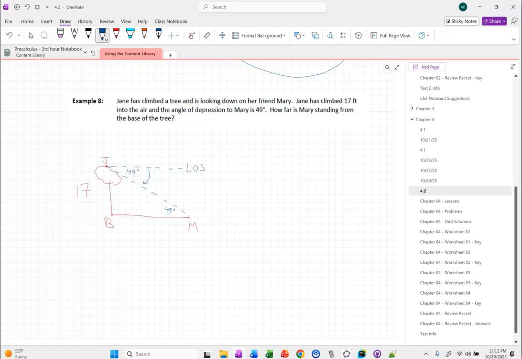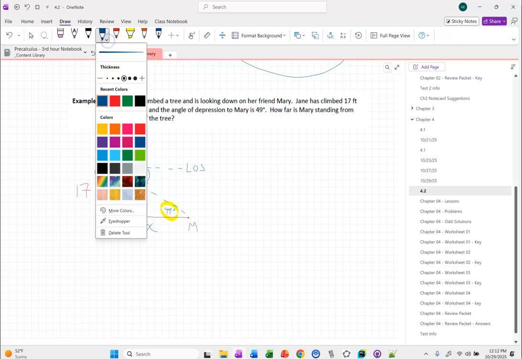All right, our last sentence says, how far is Mary standing from the base of the tree? So what side are we looking for? MB. So I'm going to call that x. Relative to this 49 degrees, what two sides are we interested in?